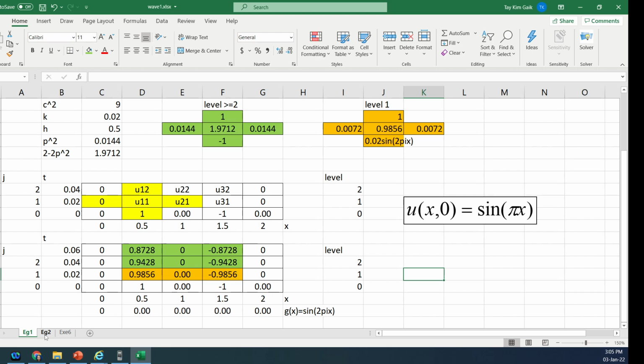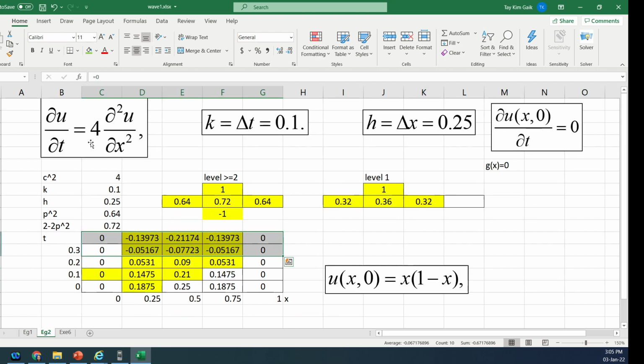If no, for example 2, similarly, we have del u del t equal to 4 del 2u del x2. K is 0.1, h is 0.25. This one is even easier because del u del t equal to 0 means g(x) is equal to 0.